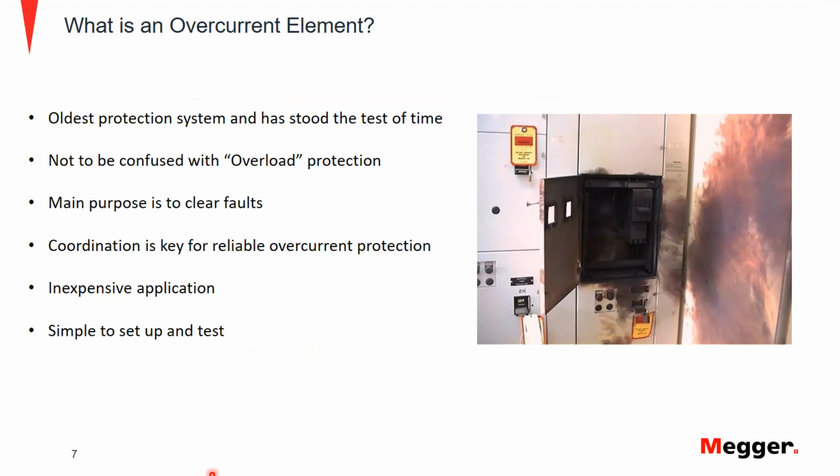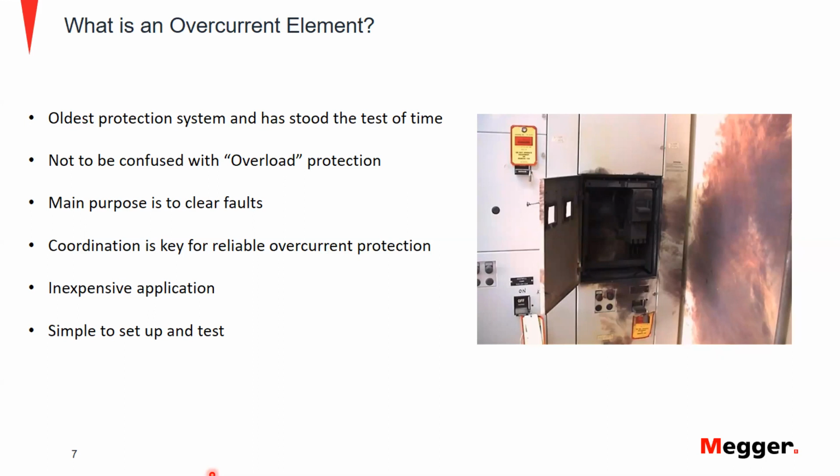Now, overload protection is a running overcurrent that would actually cause overheating of the protected equipment. So an overload is actually a type of overcurrent, but overload protection typically operates on an inverse time curve, where the tripping time becomes less as the current increases, and we will see that in the future slides that we have here as well.